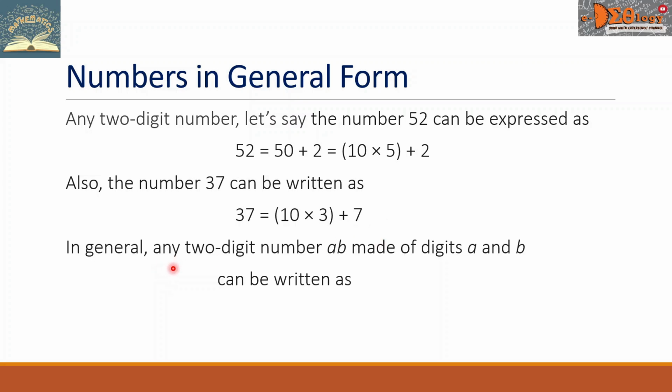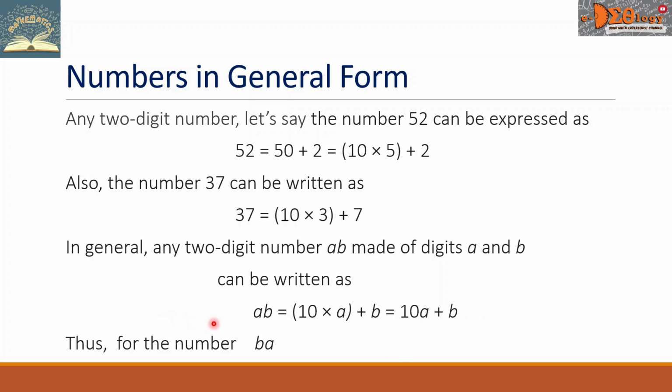In general, any two-digit number, say AB, where A is the tens digit and B is the ones digit, made of digits A and B, can be written as AB equals the group 10 times A, then plus B. Or simply we can write 10A plus B. On the other hand, for the number BA, here B is for the tens and A is for the ones digit respectively.